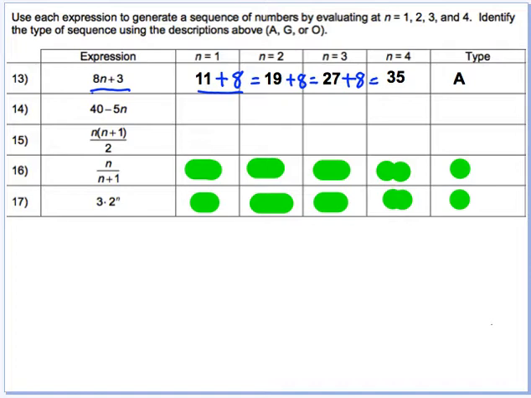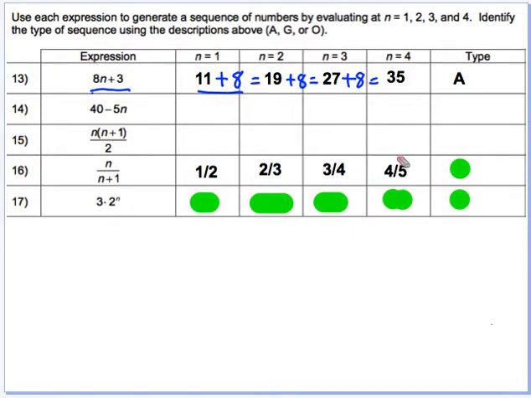All right, for 16, we're plugging in a 1 for n, and so I'm going to have 1 in the numerator and 2 in the denominator, so it should be 1/2. And then 2 for n would be 2 in the numerator and 3 in the denominator, so 2/3. 3 for n, 3 in the numerator, 4 in the denominator, 3/4.